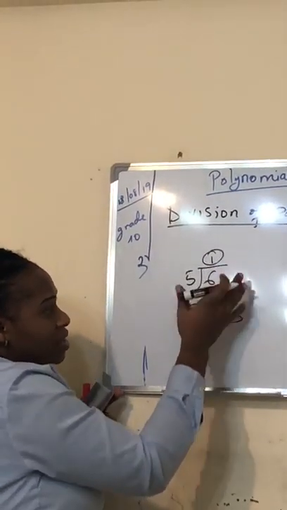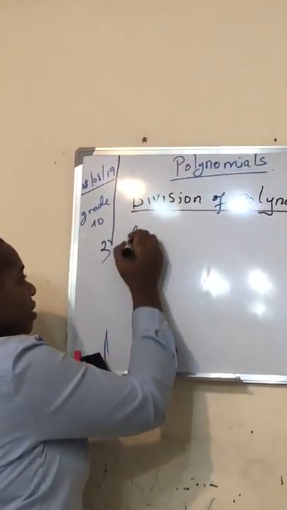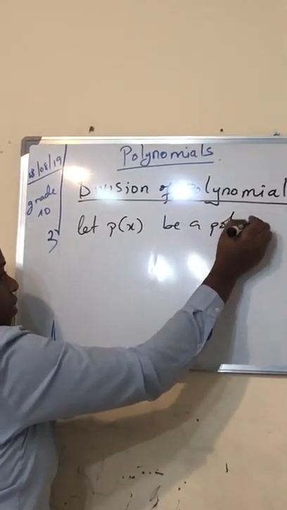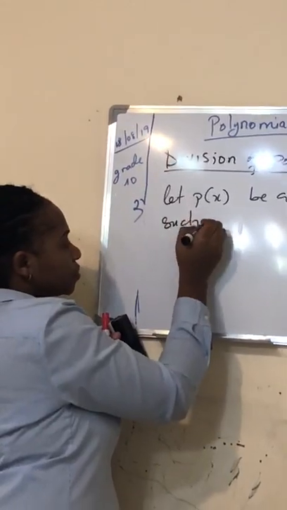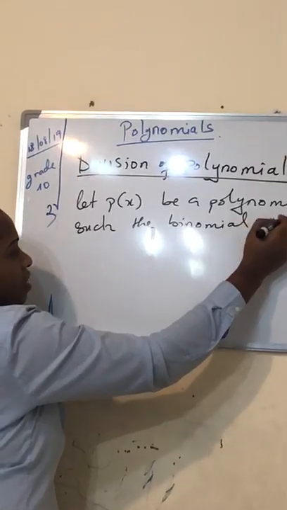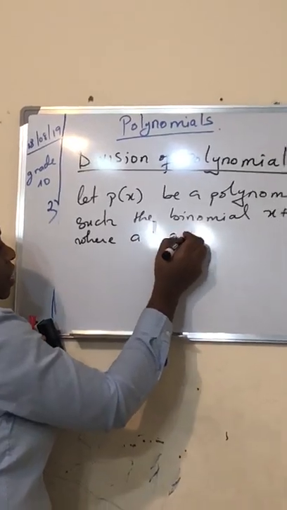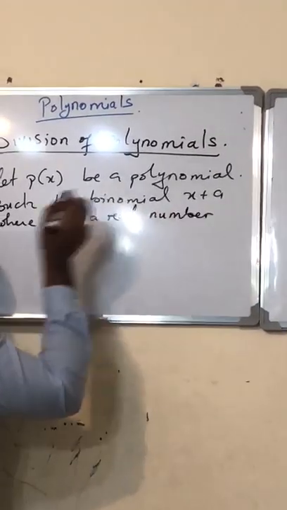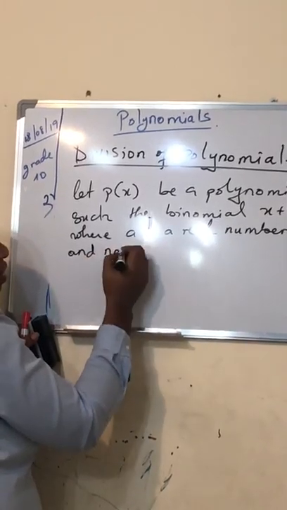So if I try to relate this with what we're talking about in polynomials, let p of x be a polynomial, such that the binomial x plus a, where a is a real number, and of course a non-zero real number.